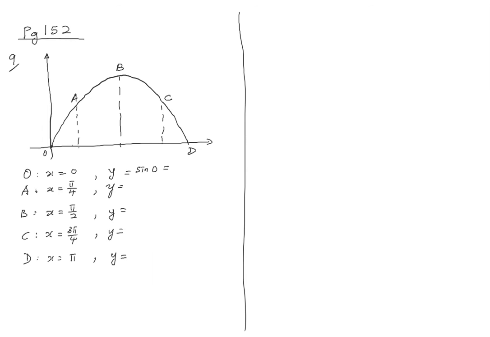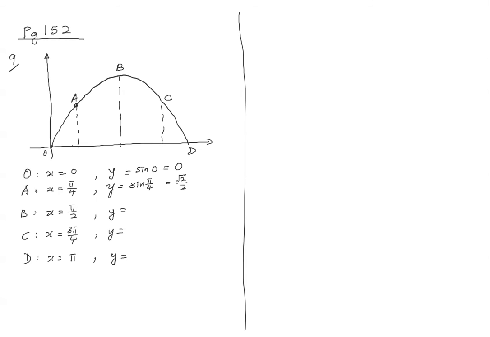Okay, now please, may I know what is the value of sin 0? It's 0. Okay, how about sin pi by 4? That is the coordinate y for A. Root 2 over 2.